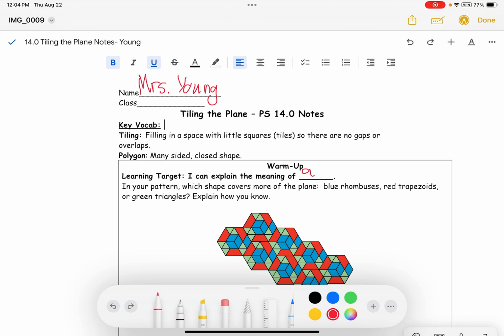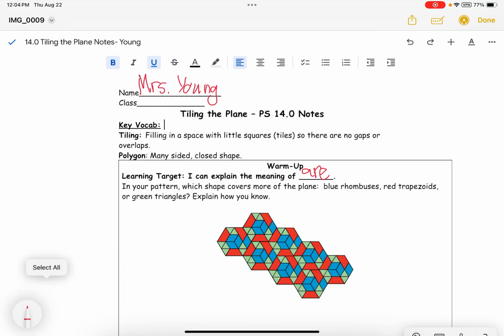Okay, so we've got area. In our warm-up activity, it says, in your pattern, which shape covers more of the plane? The blue rhombus, the red trapezoid, or the green triangle? So we have to figure out which one covers the most area. Hopefully we did some of this in class.